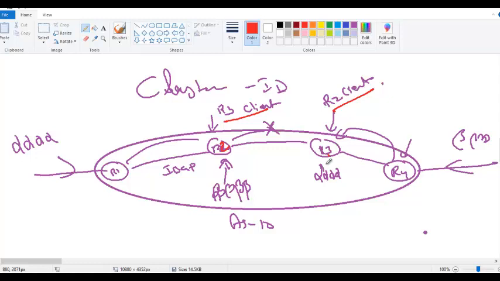Right, thank you. Now, is R1 a client for anyone? No, but still, it can learn beta. Is R4 a client for anyone? No, but still, it can learn alpha. This is what is called a passive client.